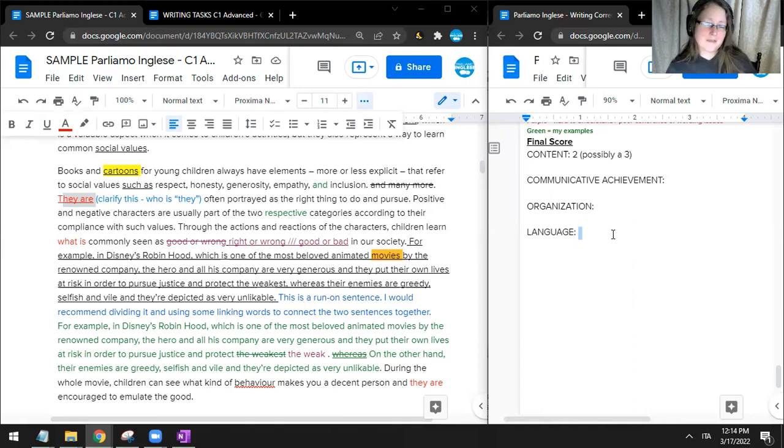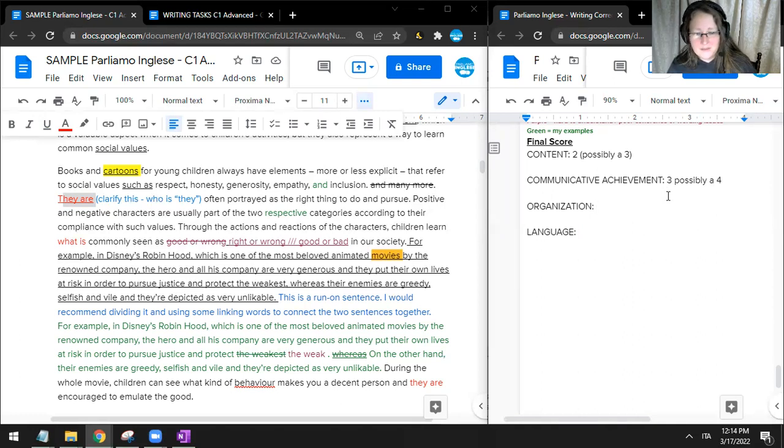It's just a matter of looking into them, getting a little bit comfortable and experimenting a bit. So communicative achievement, I'm going to put it maybe at a 3, possibly a 4.